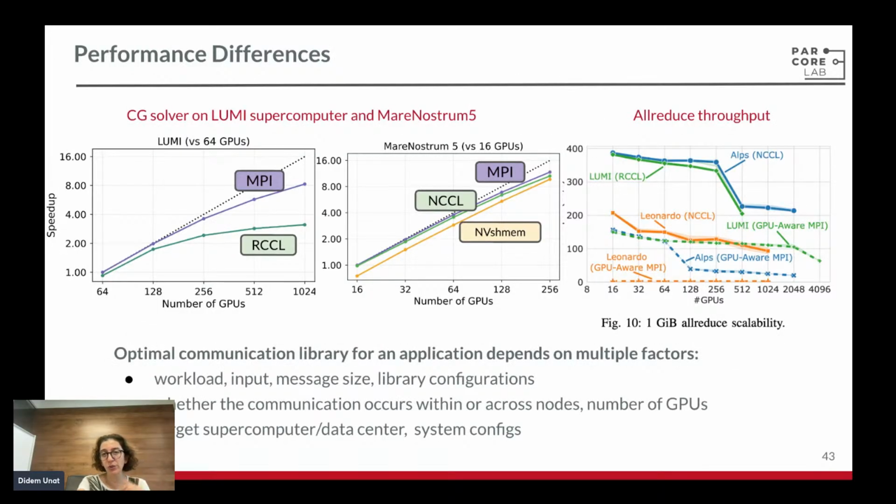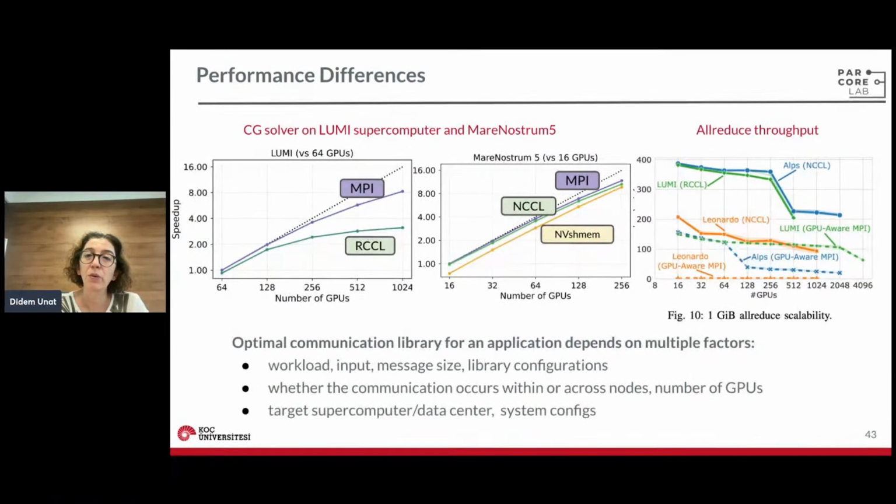Okay, so I'm sure you're curious about performance differences. Honestly, I refrain from showing performance numbers in this talk and in similar talks I gave, because optimal performance depends on multiple factors like your workload, whether you're doing frequent communication or one big communication, your message size, library configurations, library versions, driver versions, and whether the communication occurs within the node, across nodes, or you're in an NVLink domain, or there's no NVLink and you have to use PCIe, etc. So these are very important factors.